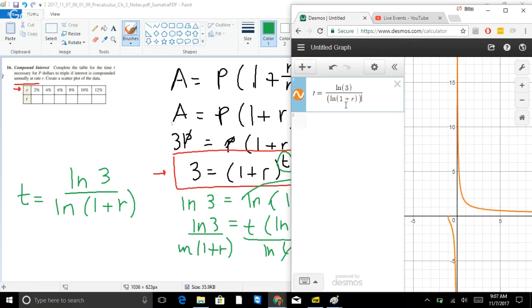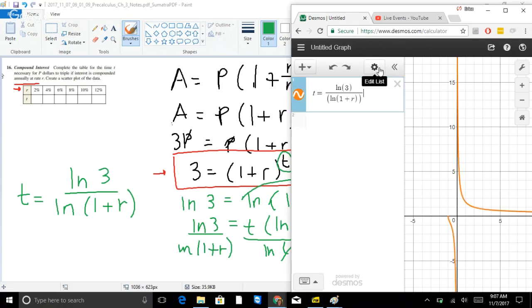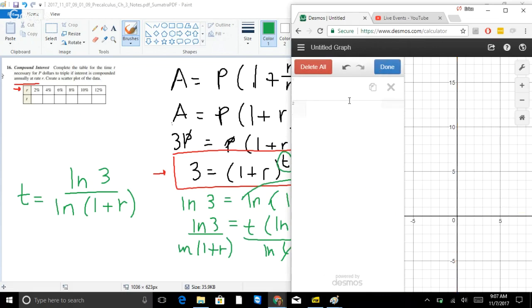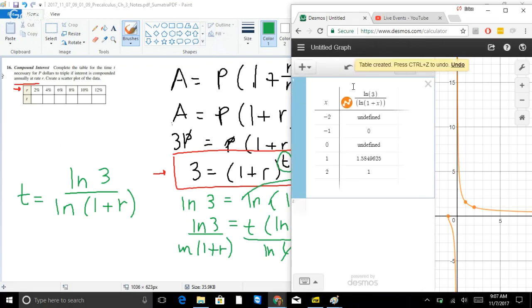We want to evaluate for different values of r, so we want to turn this into a table. That's not what I wanted to do. Undo. What if I put this in terms of y and x? So this is my y and this is my x, and there we go. Now I can actually make a table out of this data.